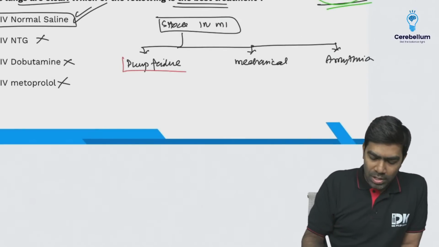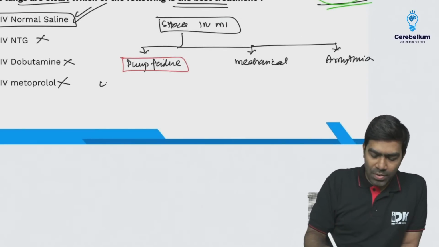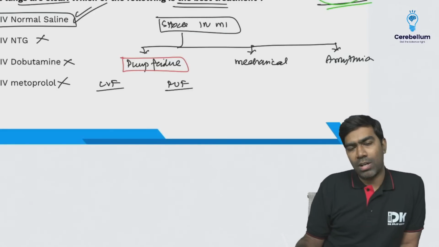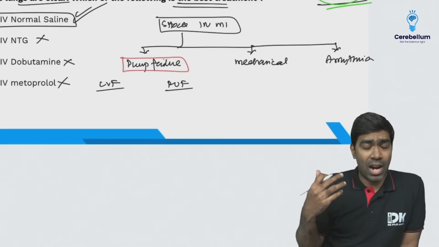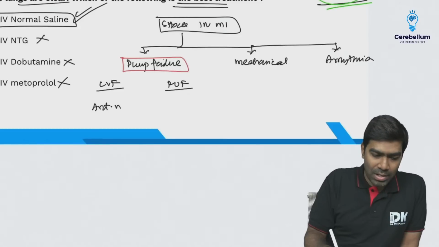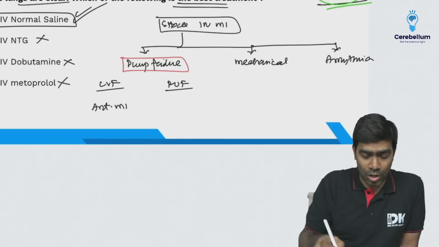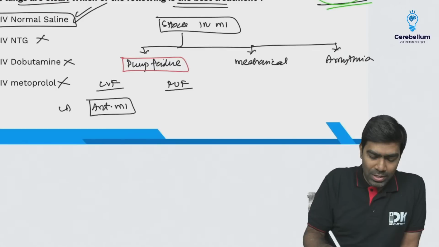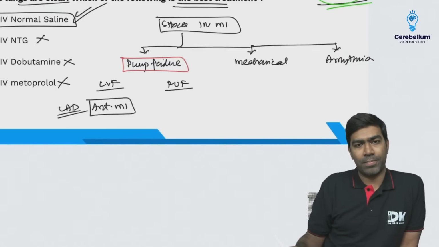So, most important is pump failure. Pump failure could be a left ventricular pump failure or right ventricular pump failure. What will be the findings in left ventricular pump failure? Which artery is the culprit and what will be the ECG finding? Generally you will have an anterior MI, with elevations in V1, V2, V3, V4, and the usual culprit vessel will be the left anterior descending artery.